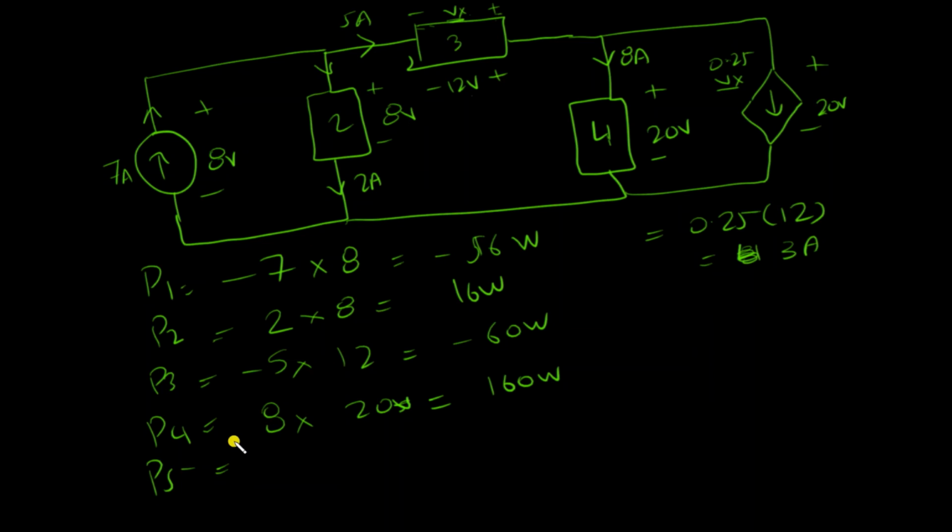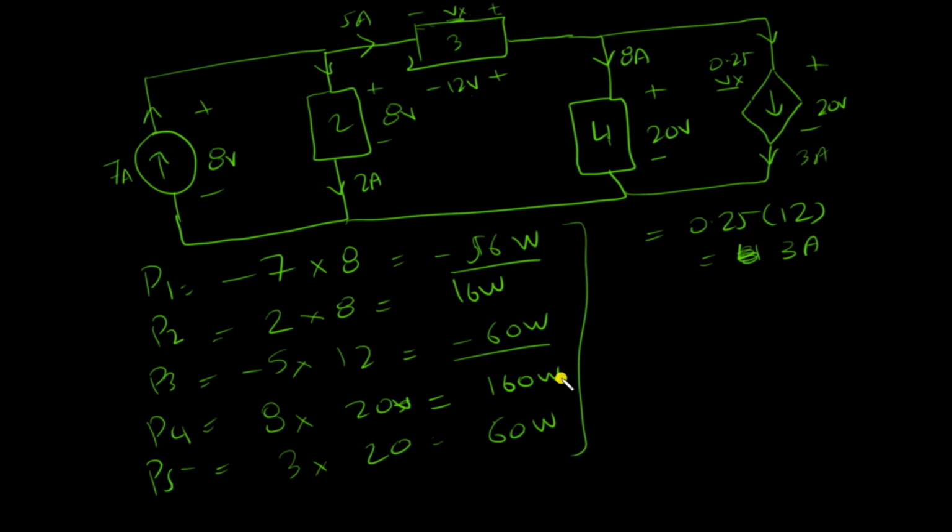So in the fifth element, the current going from up to down is 3 amperes. This is clearly the current entering the positive terminal. So 3 multiplied by 20 means 60 watts. These are the powers in all elements. As I said in the previous video, negative power means that the element is supplying power. So element number 1 is supplying power, element number 3 is supplying power, and the other three elements are consuming power.